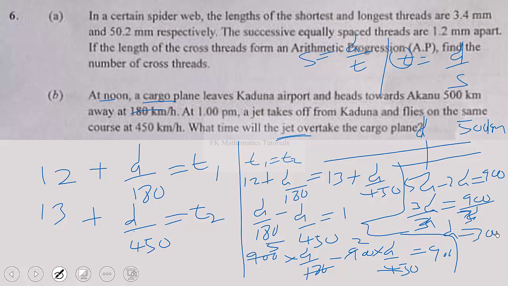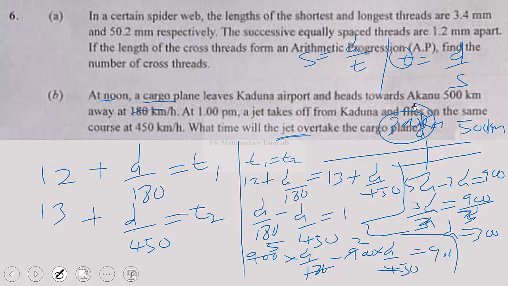So it means after they covered 300 kilometers, the jet plane overtook the cargo. Now we can use this distance that we took to calculate the time and add it to one of them. So we can simply substitute d equal 300 into any of the equations to get the time that it overtook.